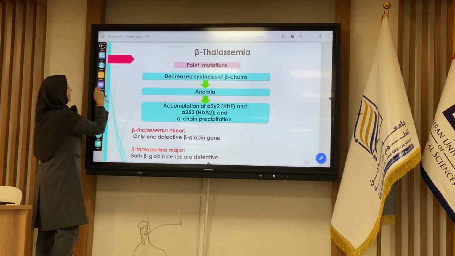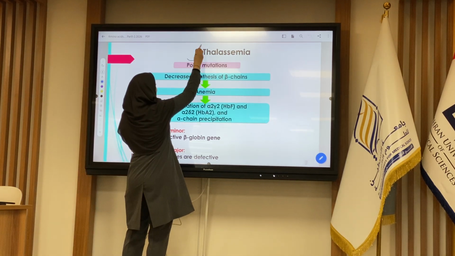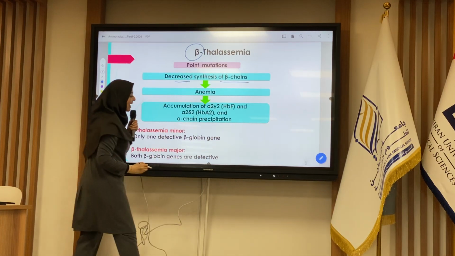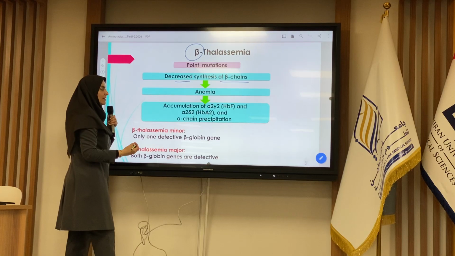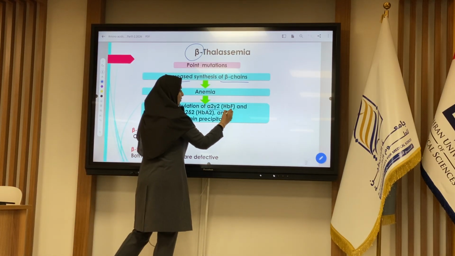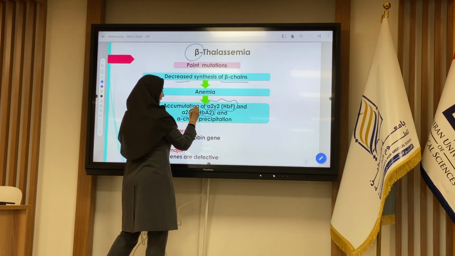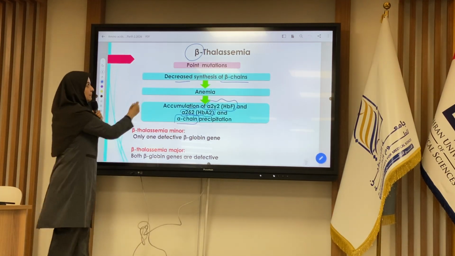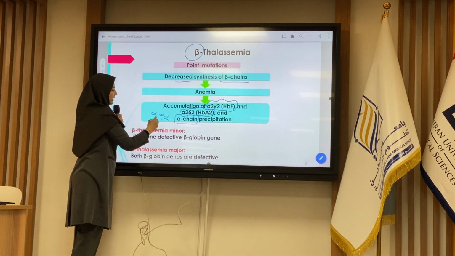What is important? At first, you should know that beta thalassemia, as I mentioned, decreases synthesis of beta, and after the occurrence of beta thalassemia, you have the accumulation of hemoglobin F, hemoglobin A2, alpha chain, because beta is not present, alpha accumulates.